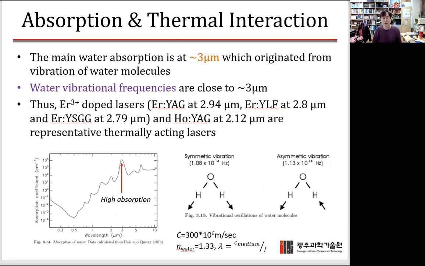For tissue, the most important absorber of light is water. Due to the specific vibration frequency of water, the highest absorption occurs at around 3 micrometers, but also around 2 and close to 5 microns.